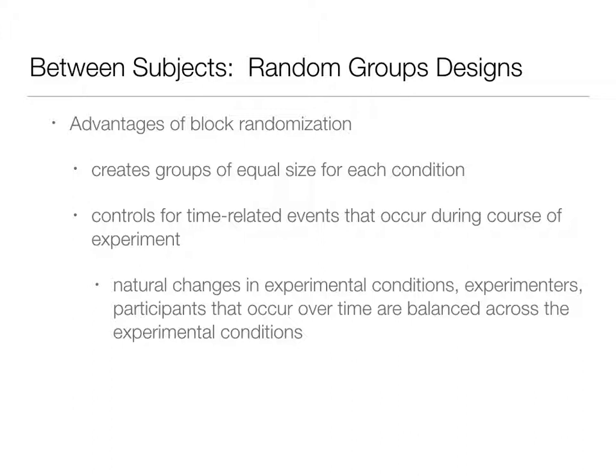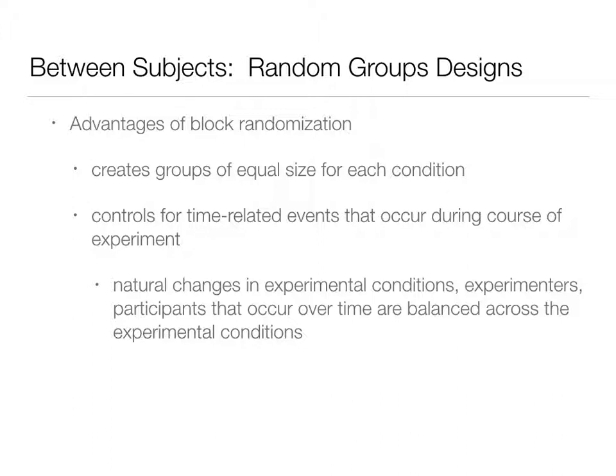It balances those differences across all conditions. So we have condition A, B, and C being done at the very beginning when it's 19 degrees outside. We have condition A, B, and C being done at the very end when it's a well-oiled machine and it's 105. Those things are balanced. We don't think that those are really going to affect our outcome, our dependent variable.